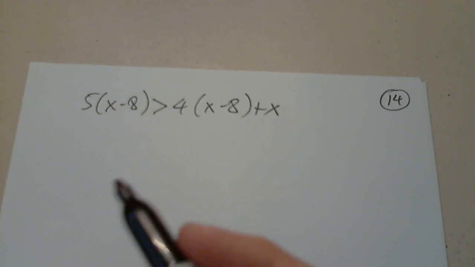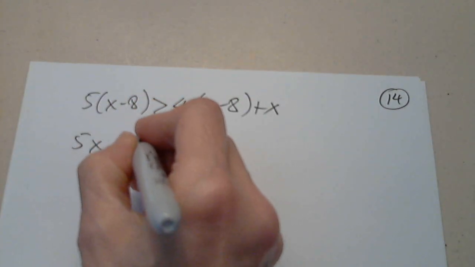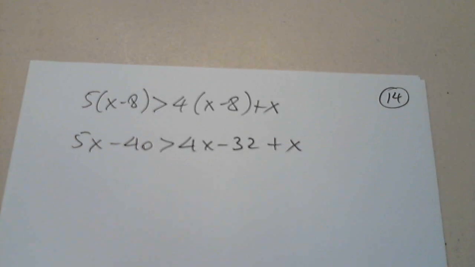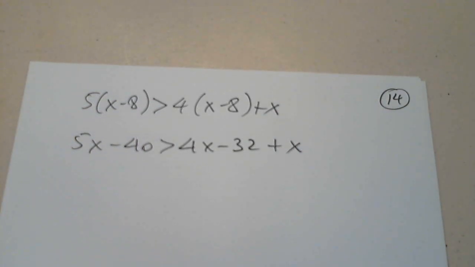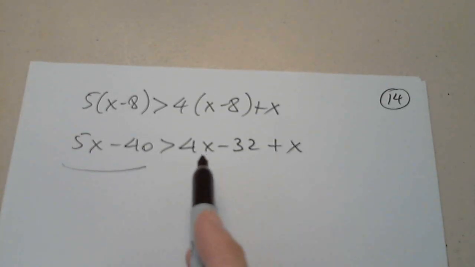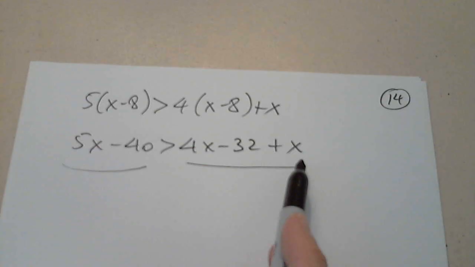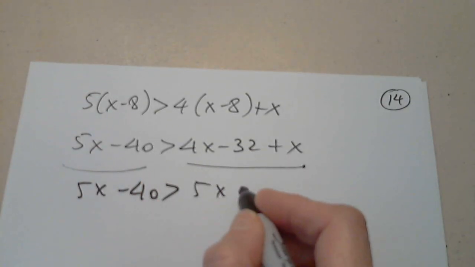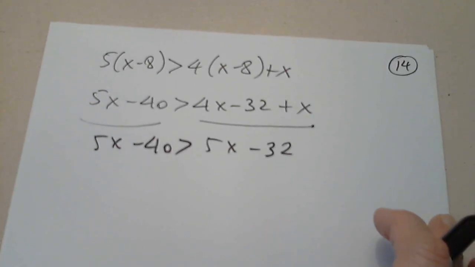So first we have to distribute: 5x minus 40 greater than 4x minus 32 plus x. Do not move terms around before you fully simplify each side. This is completely simplified, but this is not. So 5x minus 40 greater than 5x minus 32.